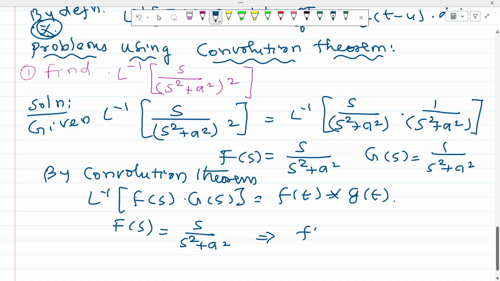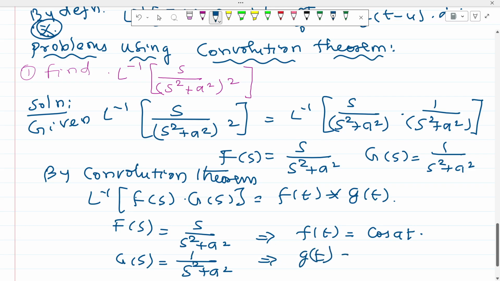That implies F(t) is cos at. G(s) is 1 by s square plus a square. What is G(t)? Sin at by a. Be careful when writing this formula. When writing 1 by s square plus a square, many of them make a mistake in this step only. They simply write sin at. Actually it should be sin at by a.